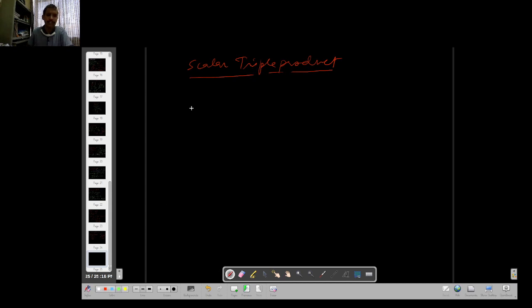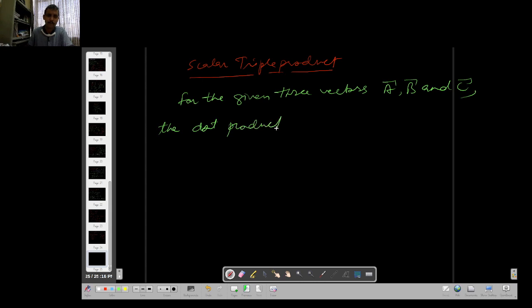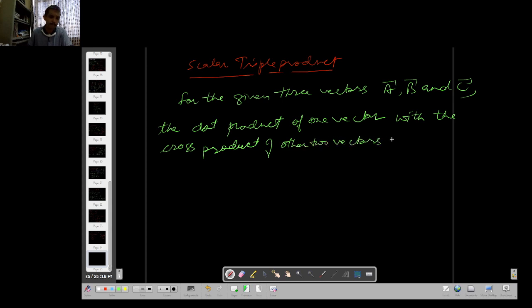So let us first of all define scalar triple product. For the given three vectors A, B and C, the dot product of one vector with the cross product of the other two vectors is called scalar triple product.